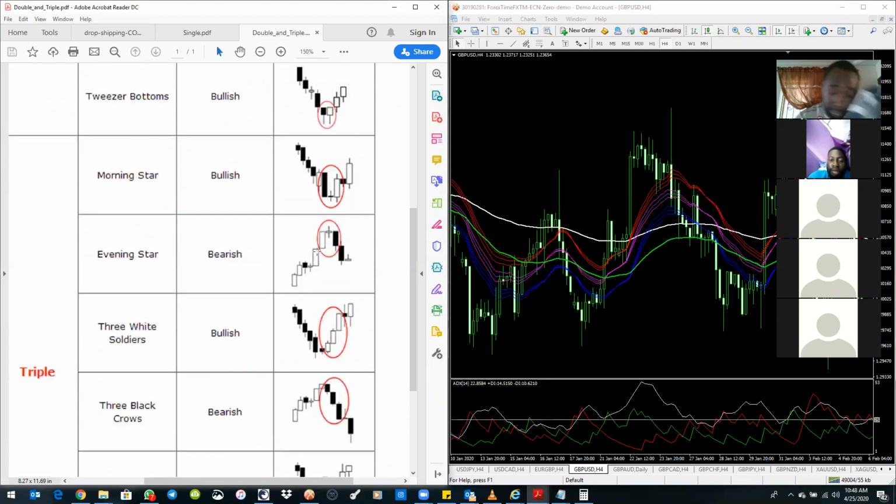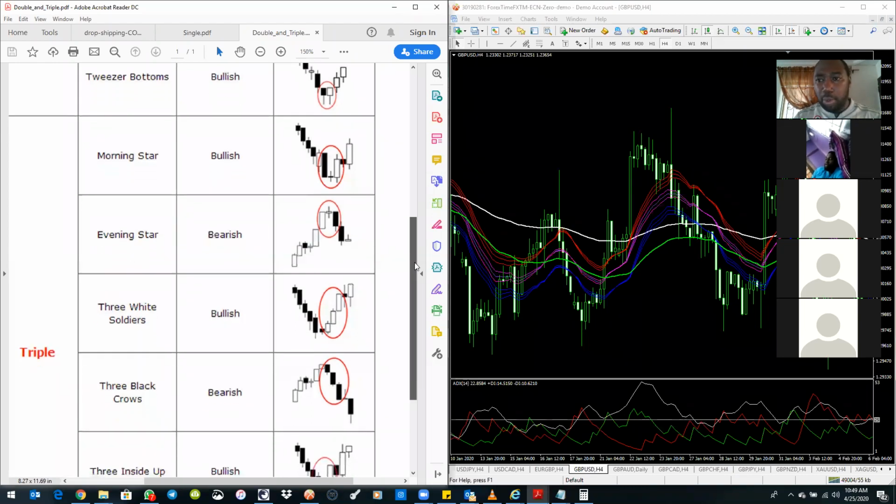Okay. Now this example that we can see here is for 3 candles. You know, tweezer tops is 2 candles. Engulfing is 1 candle in relation to the last few candles before it. But for this example, you need to see the 3 candles together.